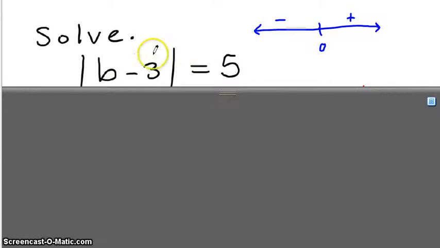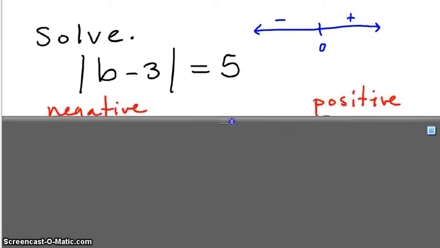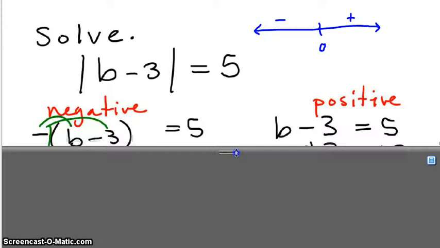So I need to solve two equations, one that will give me a quote-unquote negative absolute value and one a quote-unquote positive absolute value. So I have two cases, and I'm going to do a negative and a positive.